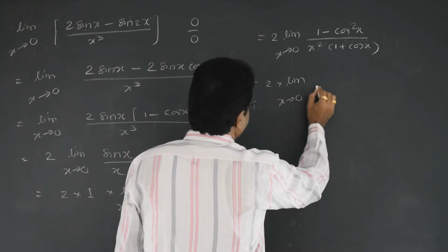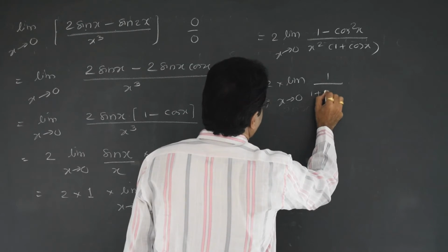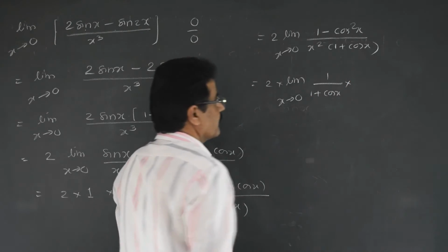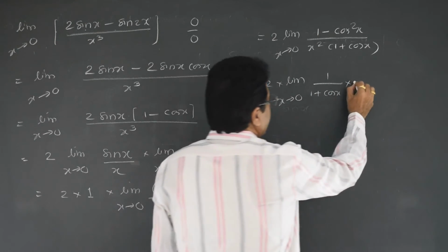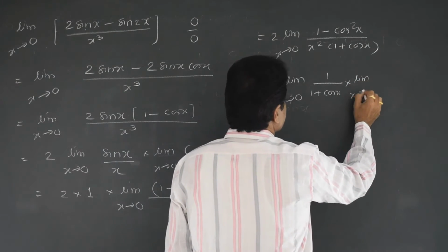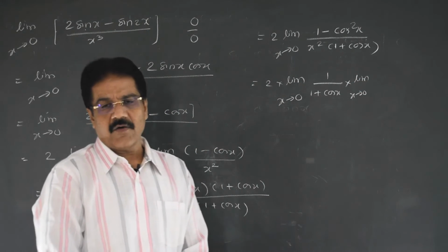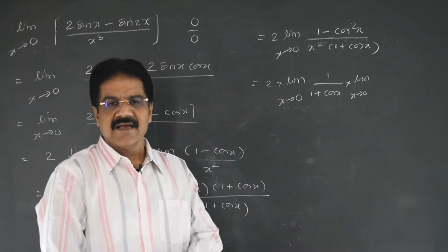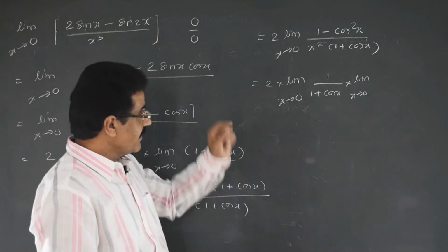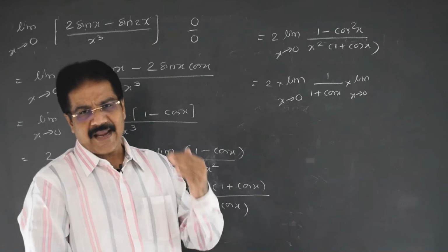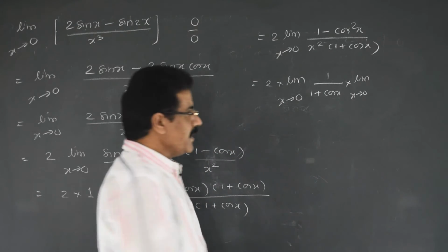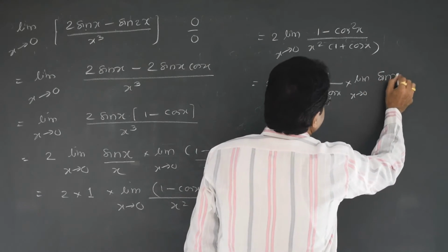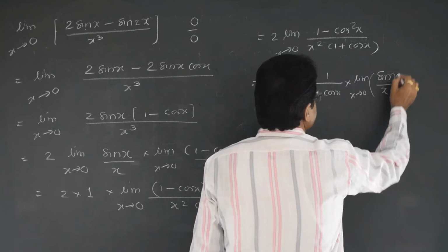So 2 into limits as x tends to 0, 1 upon 1 plus cos x. And what about the second? Limits as x tends to 0. Observe numerator now, it is 1 minus cos square x, and 1 minus cos square x is nothing but sin square x, and denominator is x square. So sin square x upon x square can also be written directly as sin x upon x whole square.